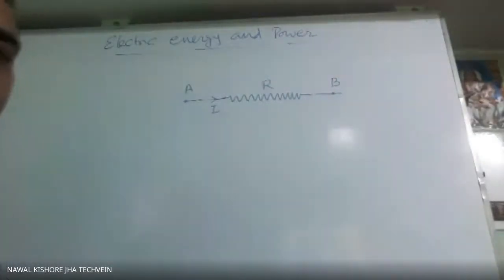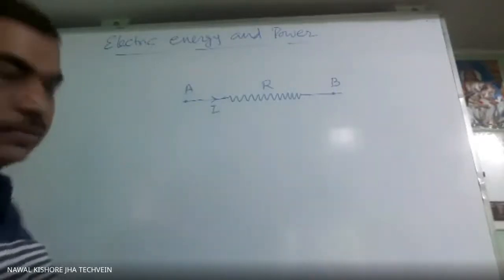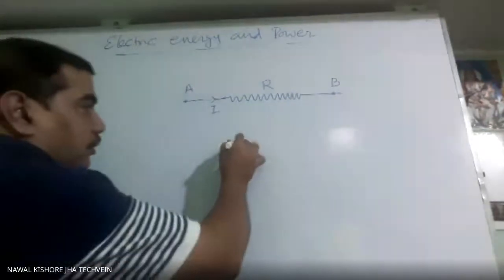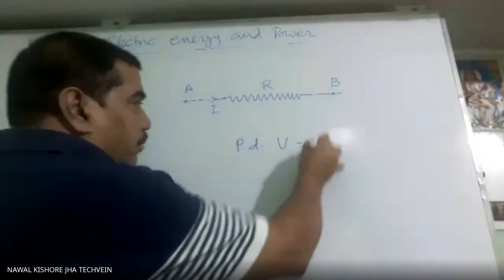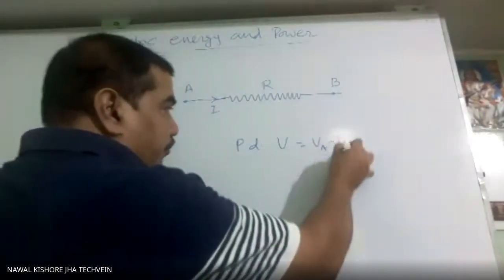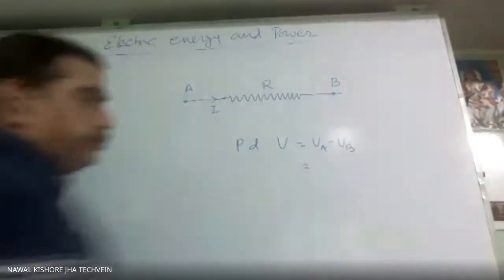So what is the definition of potential difference? We have defined potential difference. The potential difference is V, which is VA minus VB, we say. How do we define it?